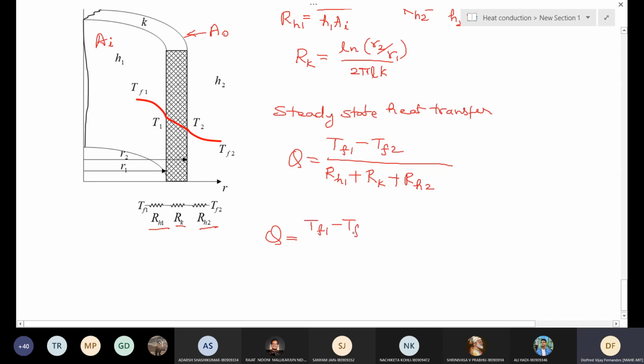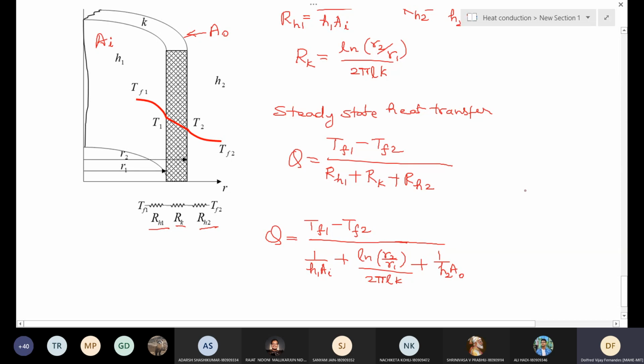Tf1 minus Tf2 divided by the first resistance, 1 by h1 Ai, plus ln R2 divided by R1 divided by 2 pi L k, and the third resistance, 1 by h2 Ao.